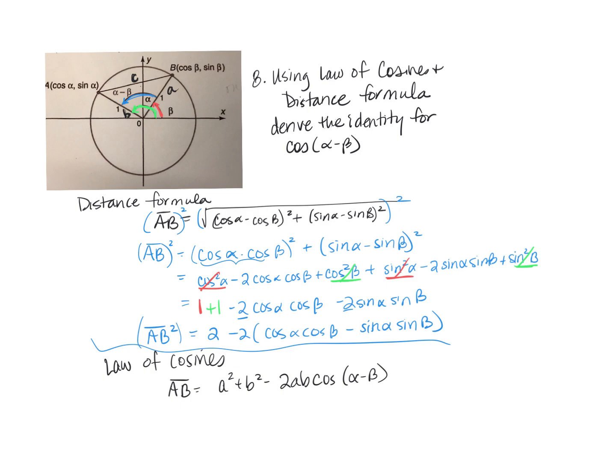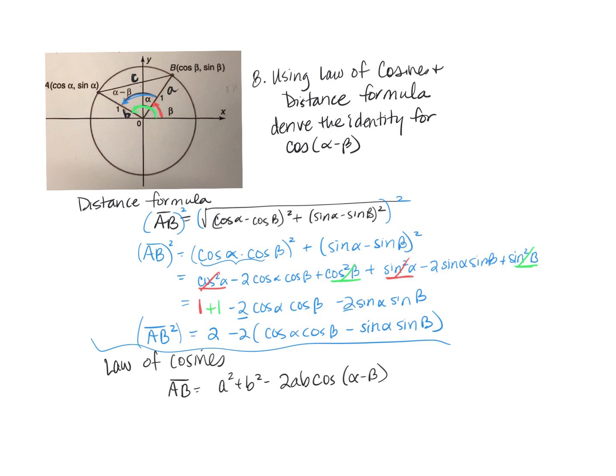Okay, so as we do law of cosines here, notice these sides. If angle A is this angle over here, then the side opposite is little a. If angle B is right here, side opposite is little b. That would make this angle C, and side opposite is little c. So if AB is little c, if I apply law of cosines, I'm going to say a squared plus b squared minus 2ab cosine of whatever big C is. Well, big C in this picture is alpha minus beta.